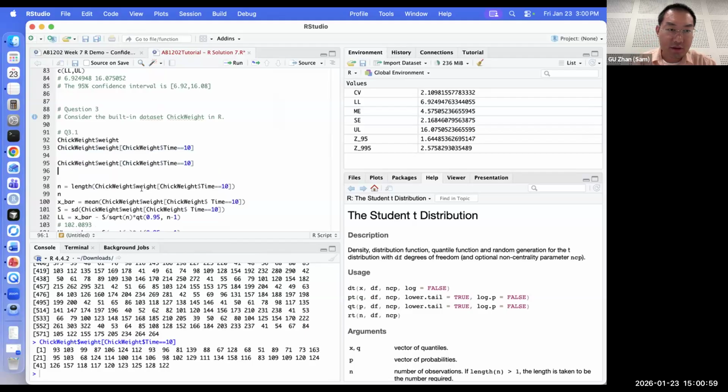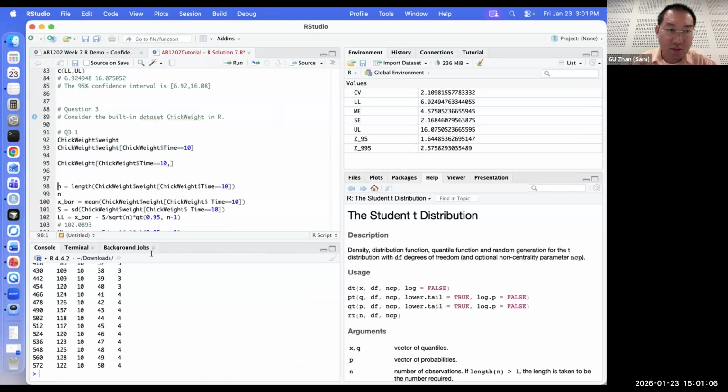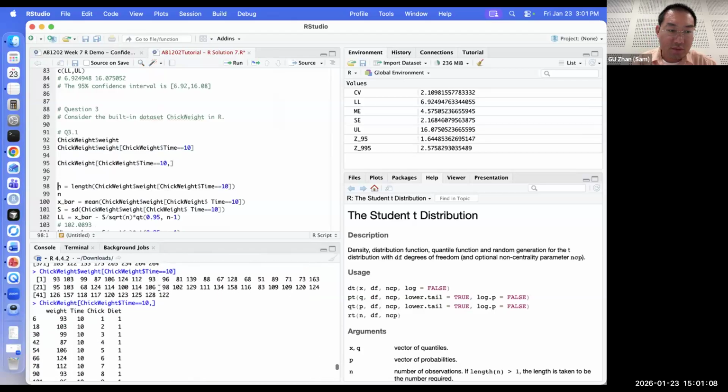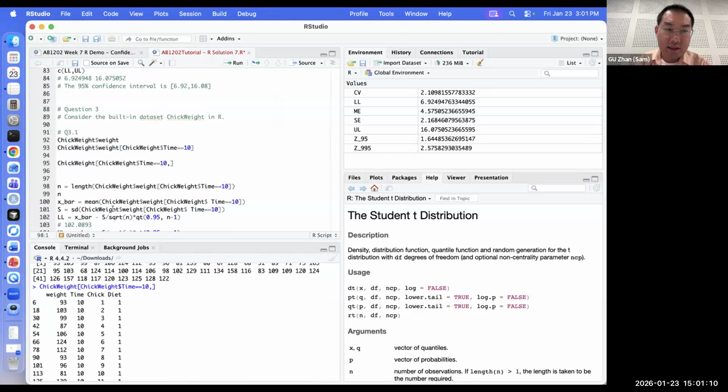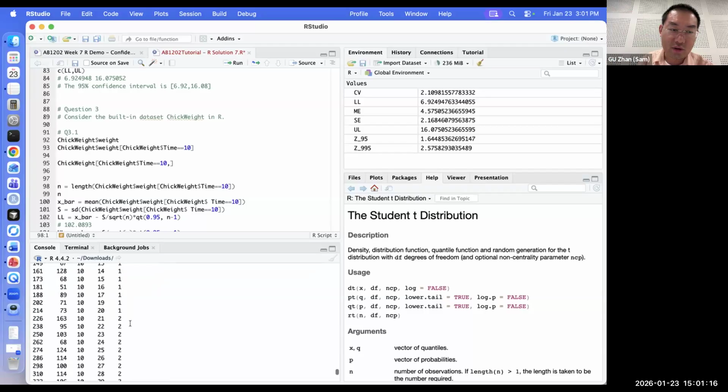Remember last time I also shared with you another method, which is to use a comma. If you use a comma, it will give you all the records where Time equals 10, with the weight, Chick, and the Diet. They will show you all of them.